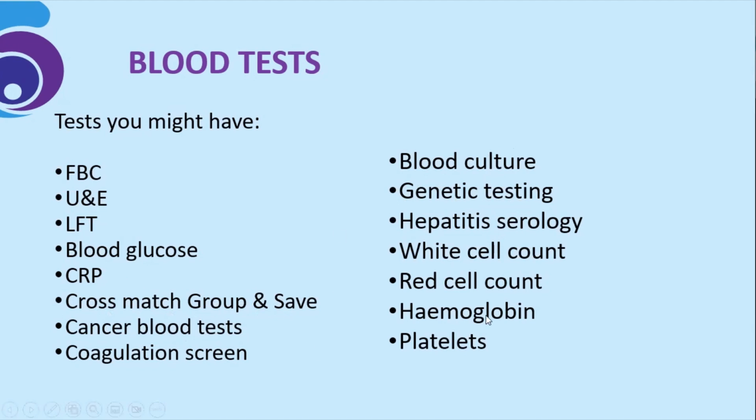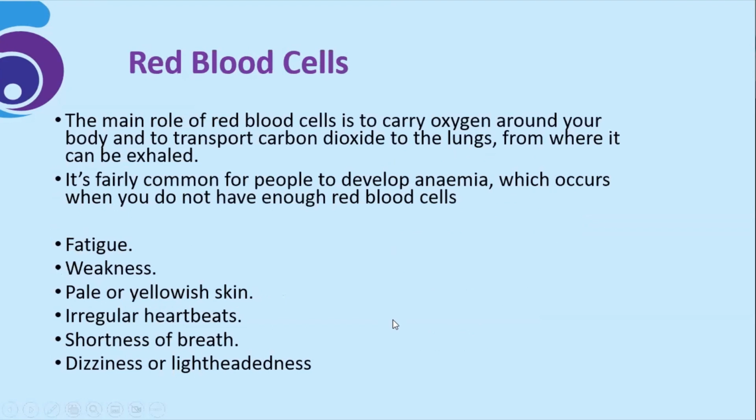So you may not have all of these, but I think it's important that we look at your red blood cells. Red blood cells carry oxygen around in your blood. They also then carry carbon dioxide back to the lungs so that it can be exchanged for oxygen.